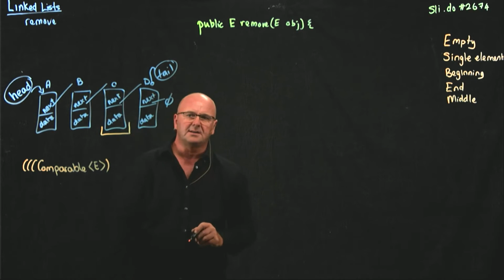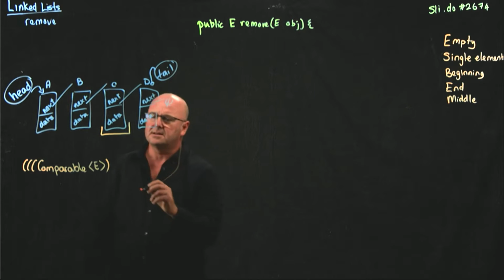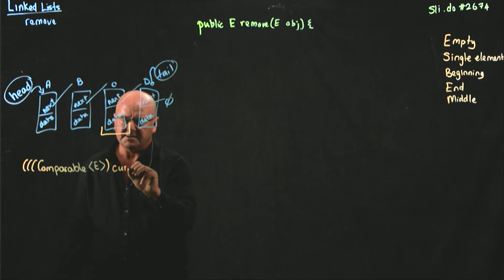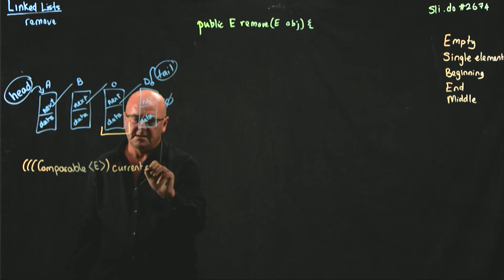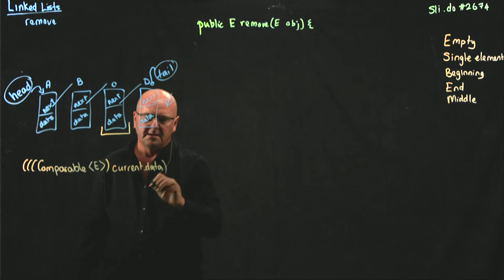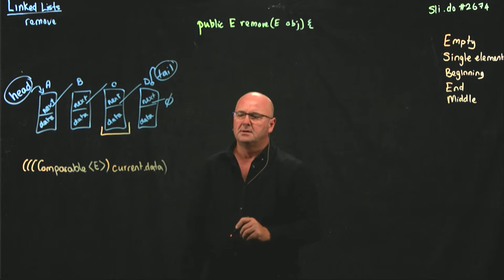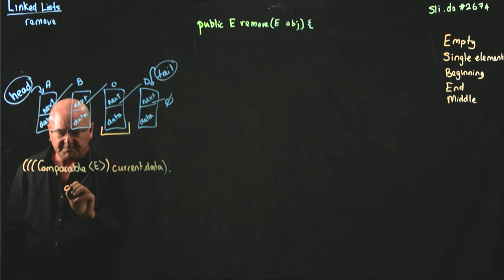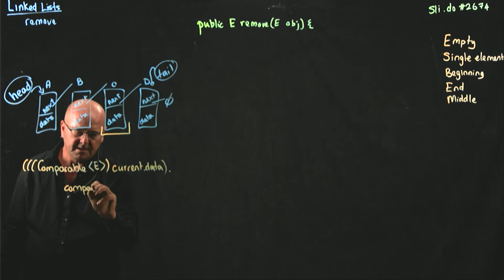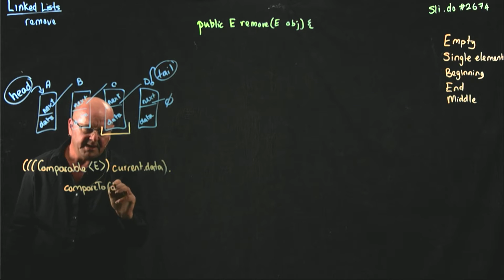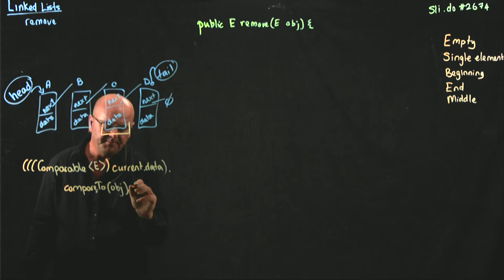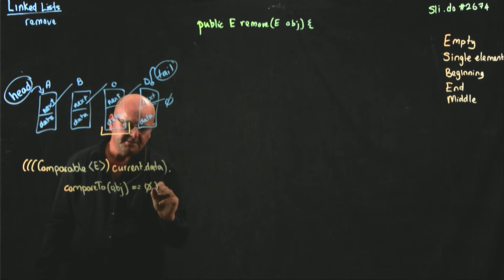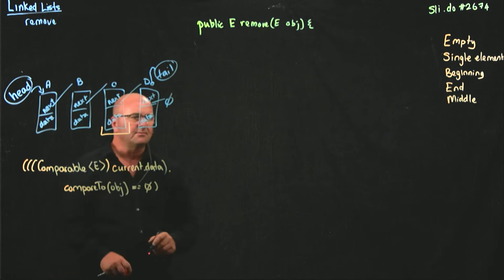So we're going to cast current.data to comparable, and once we've done that, I'm just going to write this on the next line, although it should carry on after that period. We're going to compare it to the object we've been given, and if that is 0, then we've found the thing that we're looking for.